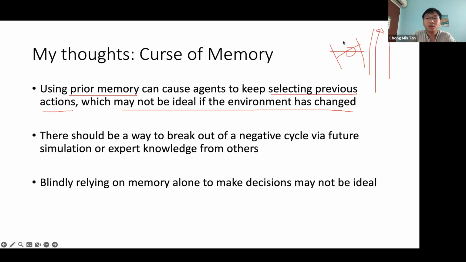But after a while, this blockage might be gone. And if you don't revisit that blockage, you will never know. So you need something to tell you that the memory has shifted. So you explore that area, or you do explore, exploit. So just purely relying on memory itself may be an issue. So we need to have other systems in place to break out of these negative cycles.